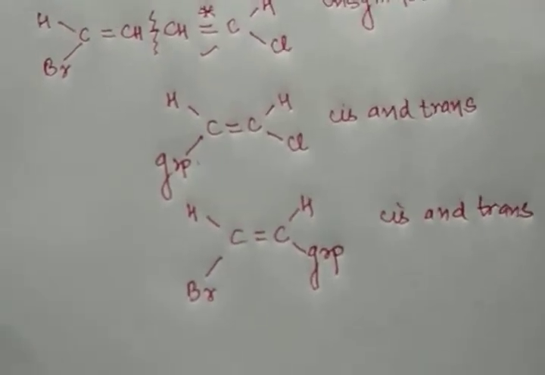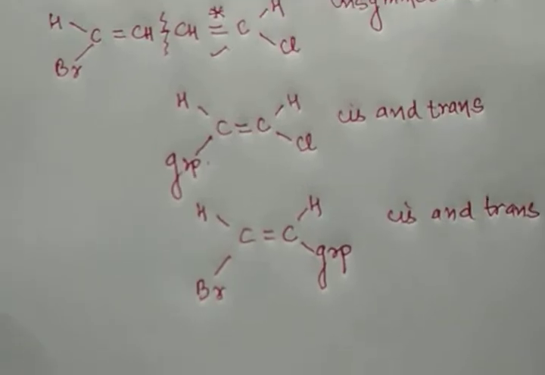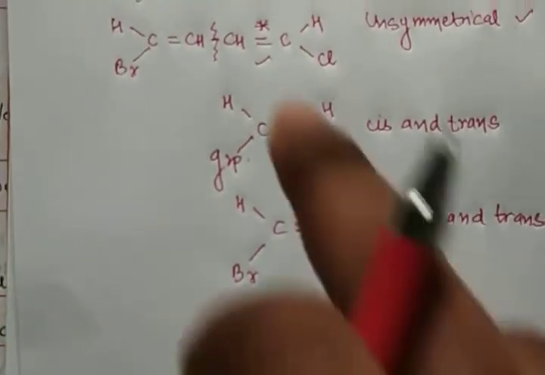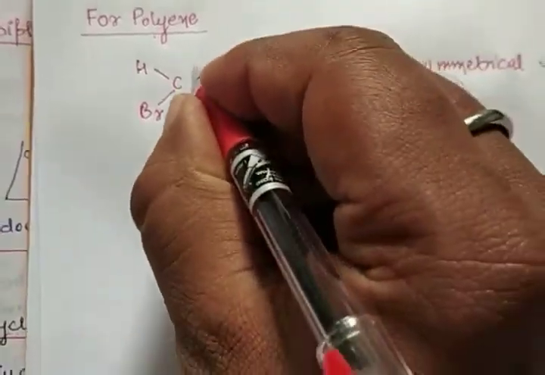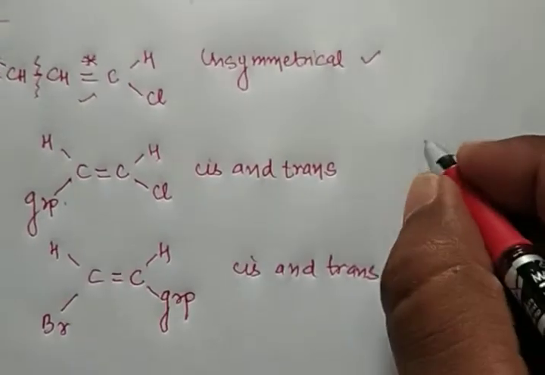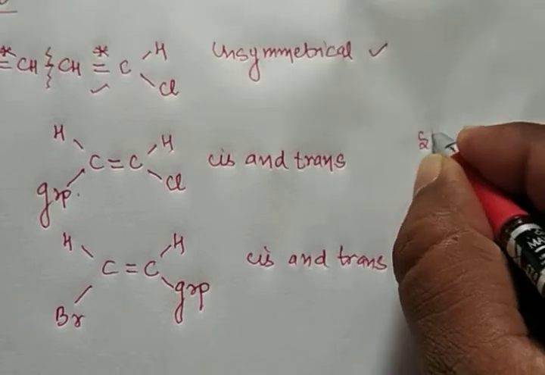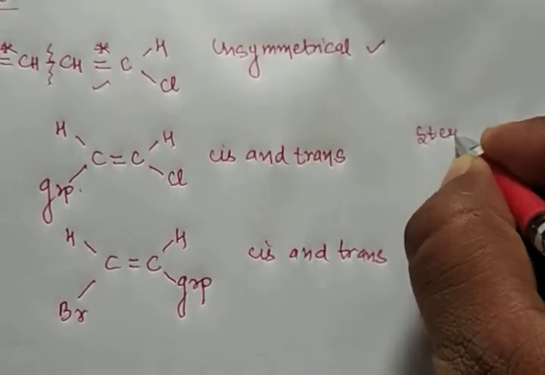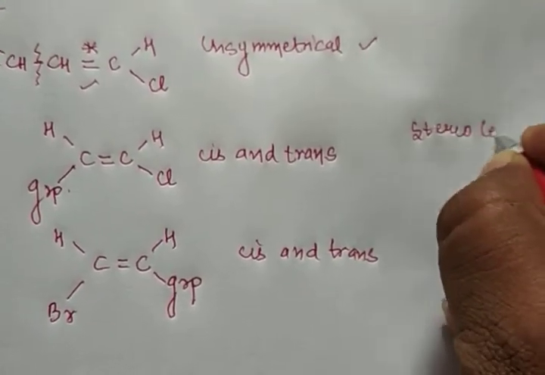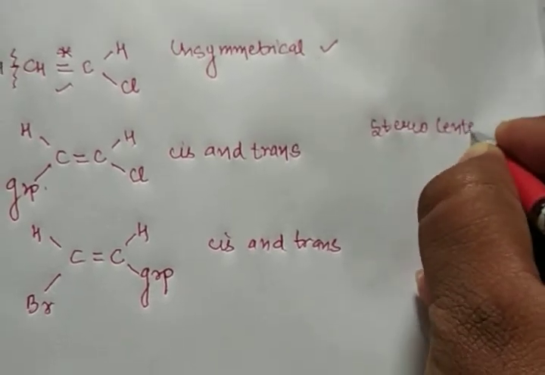Definitely cis and trans are there. So there is one stereo center, and again one stereo center. The stereo center is denoted by small n.